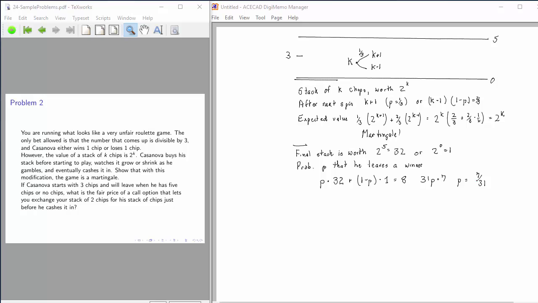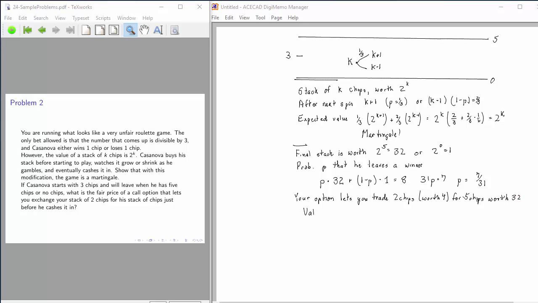Now let's figure out the option. You bought this option, and what does it let you do? Well, if you exercise it, it lets you trade 2 chips worth 2 squared, or 4, for 5 chips worth 32.